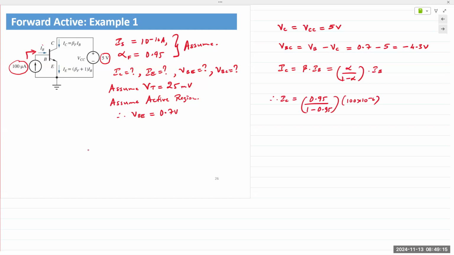This, by the way, comes out to be 19 times 0.0001, and that gives me IC as 1.9 milliamps. 19, by the way, is a very low value for a real life transistor. Typically, beta values are in the hundreds.